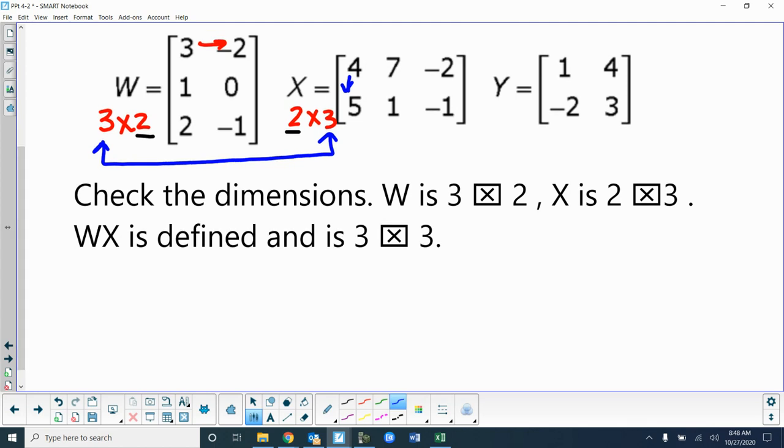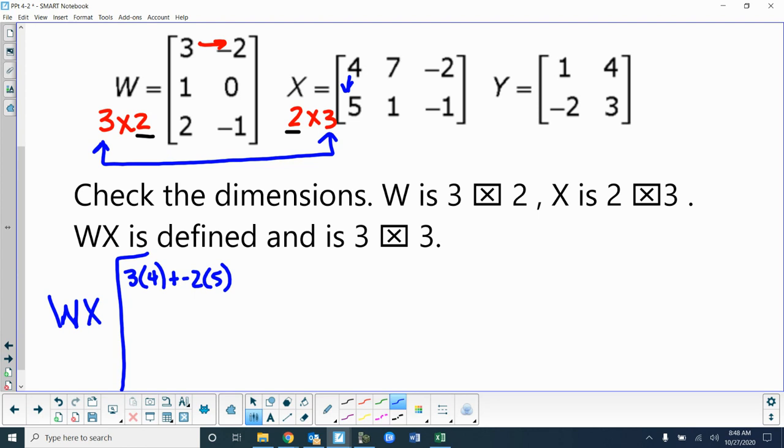Okay. So here's the spot, WX 11. Its address is 11. So you go 3 times 4 plus -2 times 5. Whatever answer that is, that's the number that goes there.